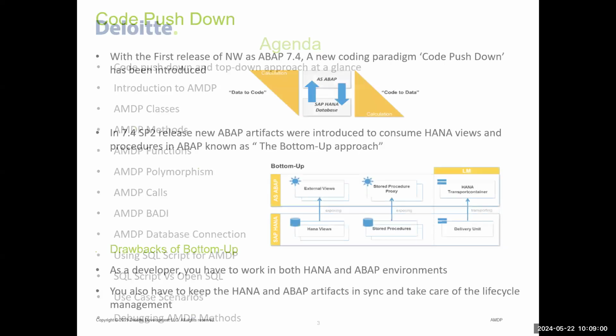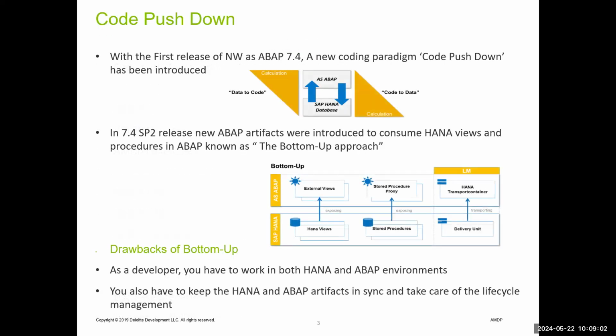Now, a quick recap of what is code push down and why we are doing that. Prior to ABAP 7.4, and right now we are working on ABAP 8.0, there was no code push down approach, and after 7.4, SAP introduced the top down approach.